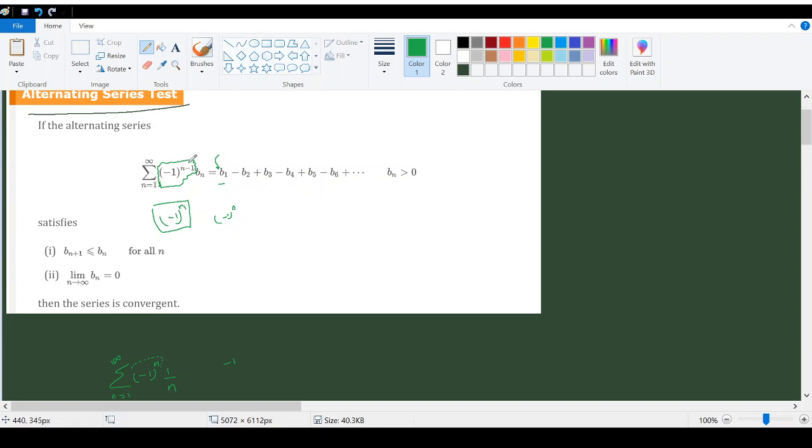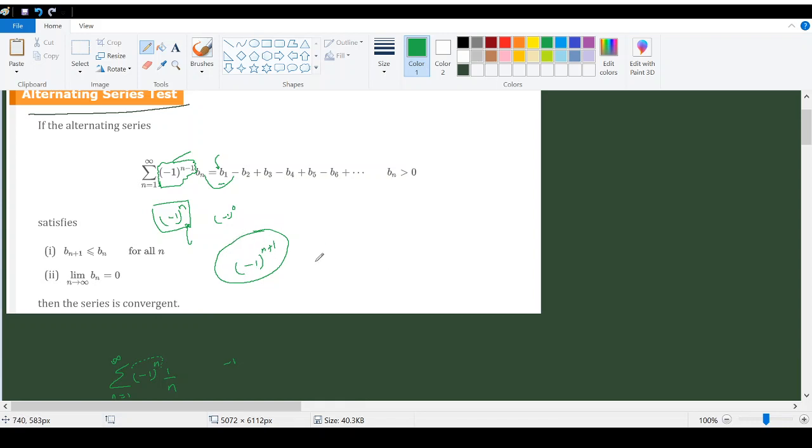So if you need to have plus 1 in the beginning, you should write this one. And if you need to have -1 in the beginning, you should write this one. You can even write -1 to the power n plus 1 if you need to get plus 1 in the beginning. So all these will give the same result; it doesn't matter which representation you have used for the -1 to the power n term.